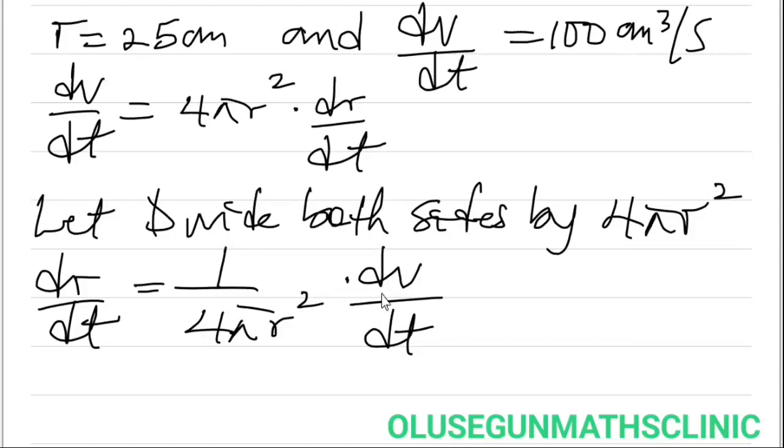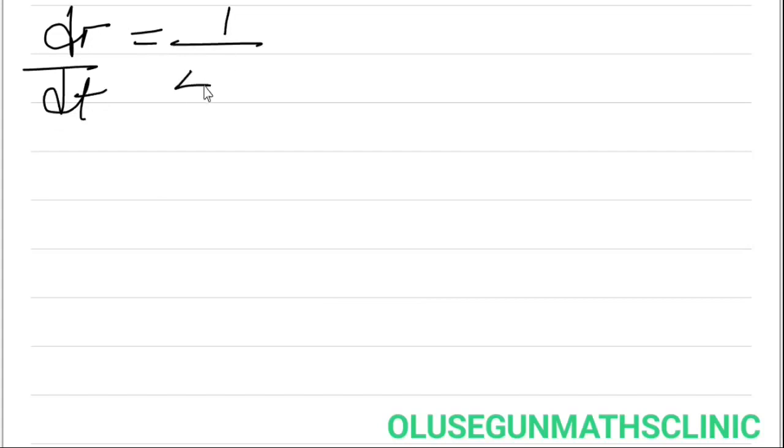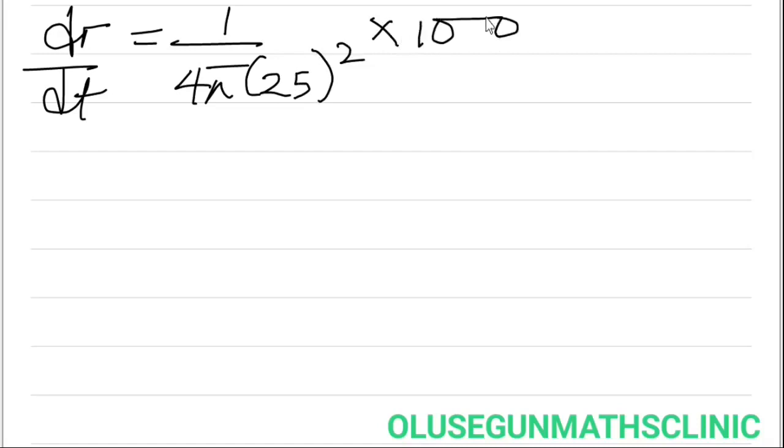So therefore, in getting the value for dr/dt, you will just substitute the values now. Substituting, dr/dt will be 1 over 4π times 25 squared, times 100.